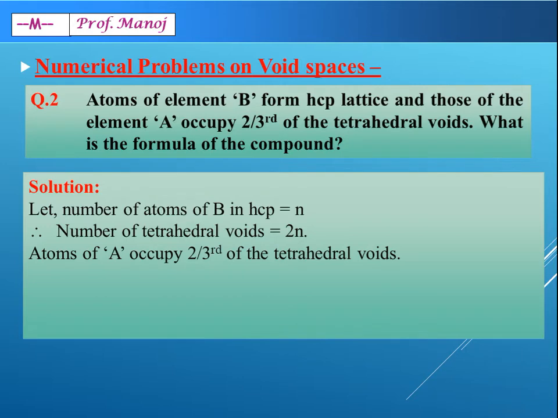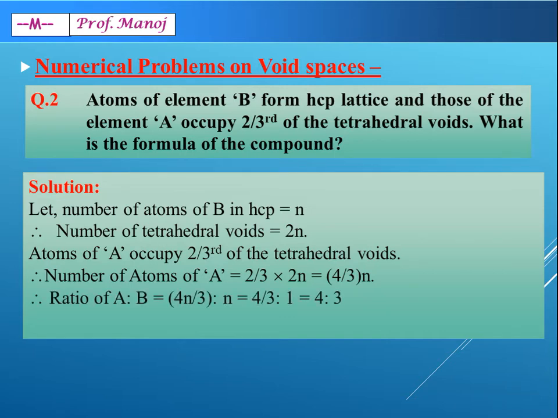And they are saying A atoms occupy 2/3 of the tetrahedral voids. So the number of A will be 2/3 times 2n, that is 4n/3. The ratio will be 4n/3 to n, 4/3 to 1, or 4 by 3. The formula becomes A 4 times, B 3 times.